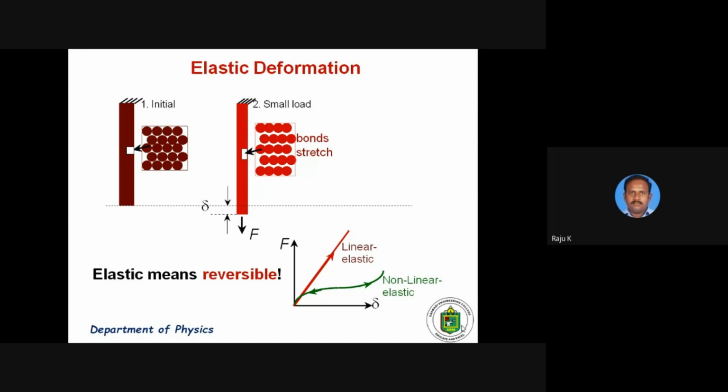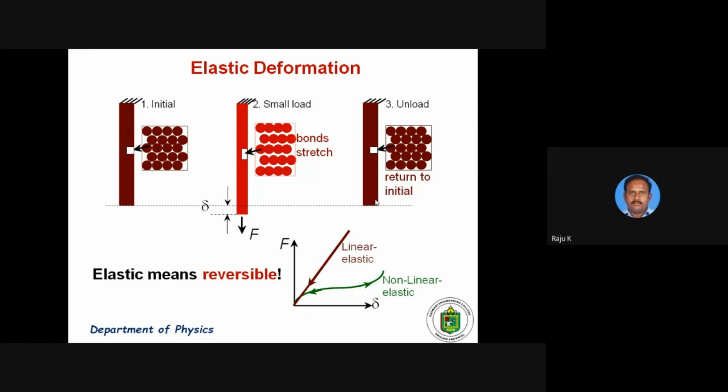If the applied force is removed, the atoms of the molecules retain their original position, which causes the material to regain its original size and shape. That is called elastic deformation.